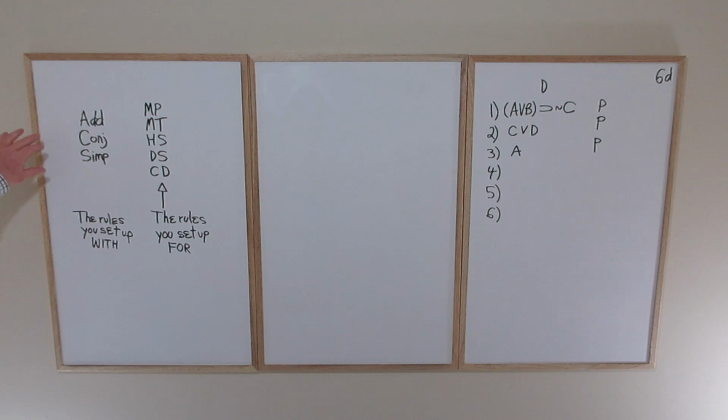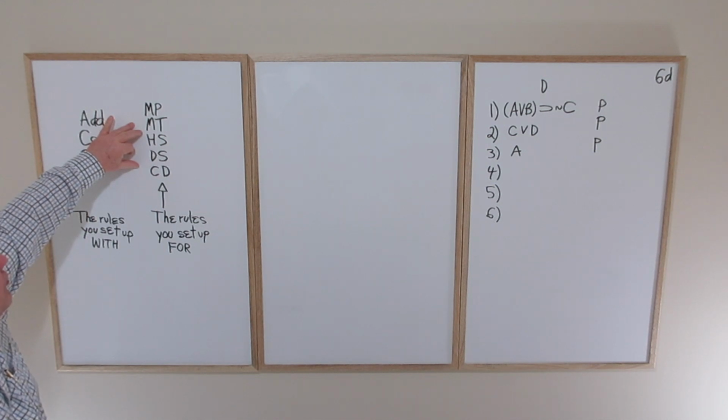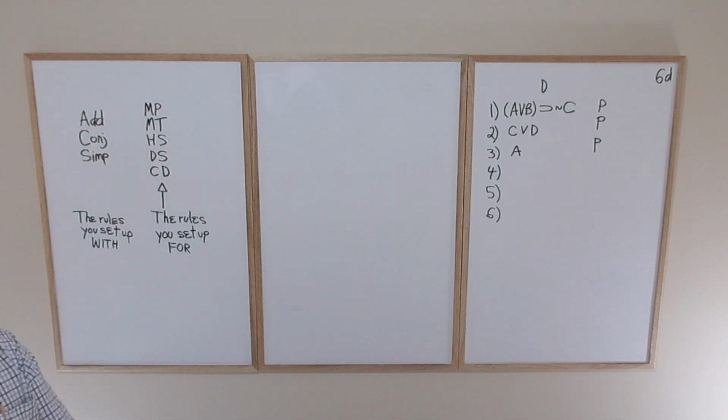On the other hand, addition, conjunction, and simplification are really, for the most part, the rules you set up with. Or another way of putting it, the rules you use to set up rule employment opportunities for these 5 rules.